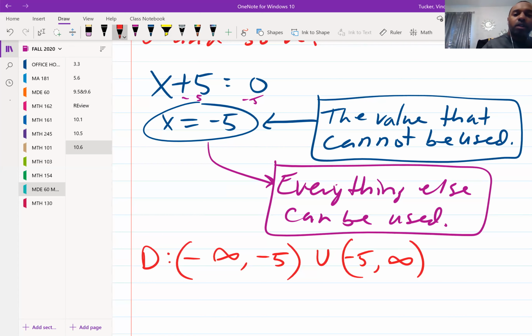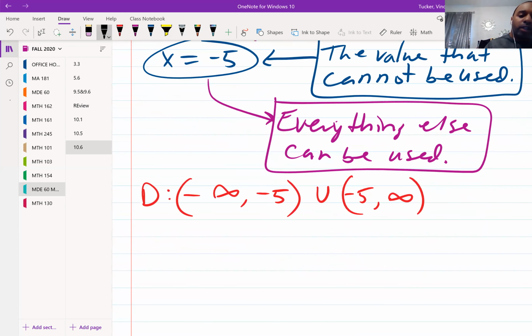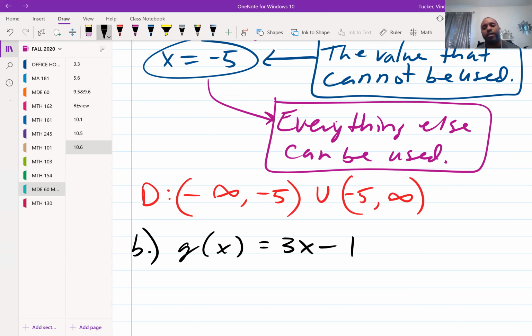So another one, they didn't give you that many. For what I see, you're talking about a fraction type, and then one like this. So here we have g of x is equal to 3x minus 1.